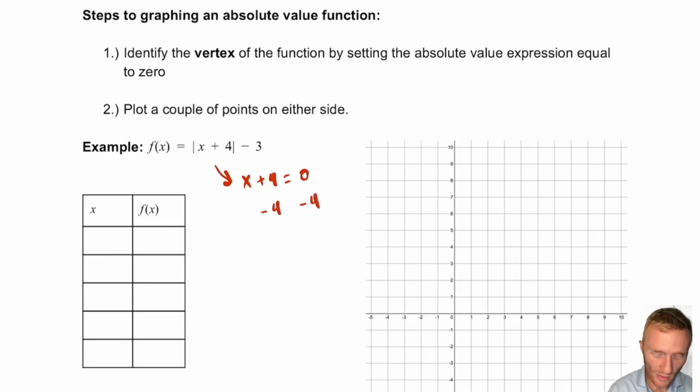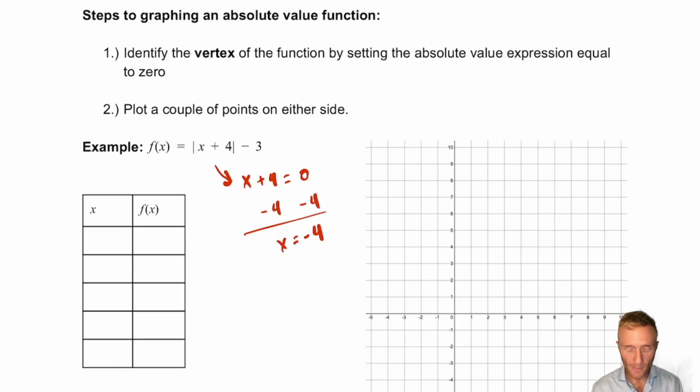The reason this works is that on either side of negative 4, say negative 5 or negative 3, on the inside of the absolute value you have either negative 1 or positive 1, and they'll both spit out positive 1. So they'll give you the same thing coming out of the absolute value.